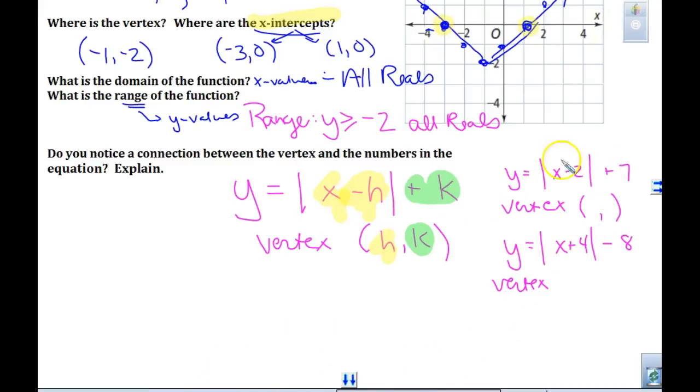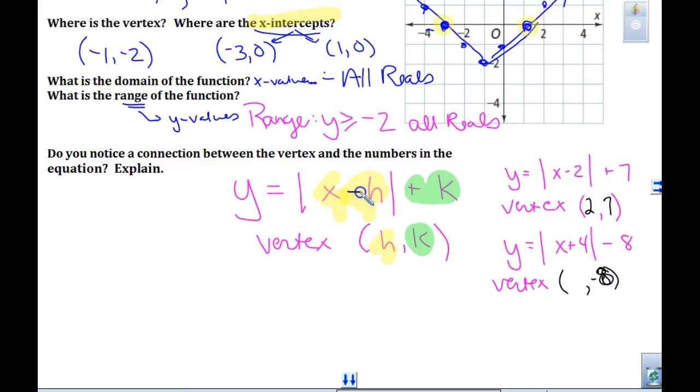All right, one person, Samantha from your group, what do you guys have? 2, 7. Over on this side of the room, someone want to tell me what you had for your vertex? 4, -8. I agree with -8. Why not 4?